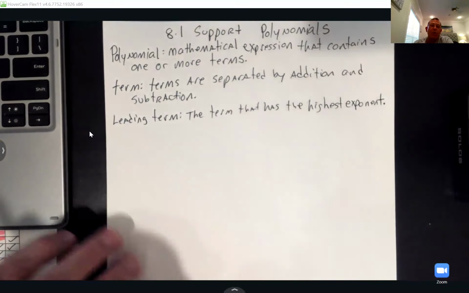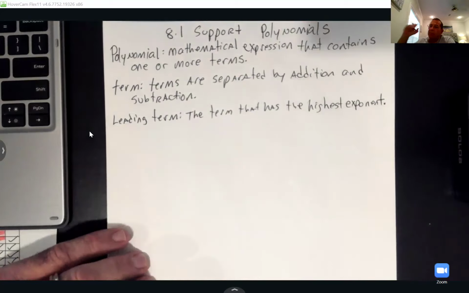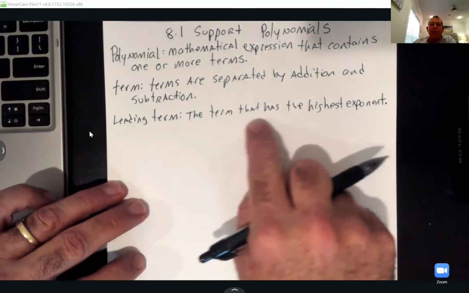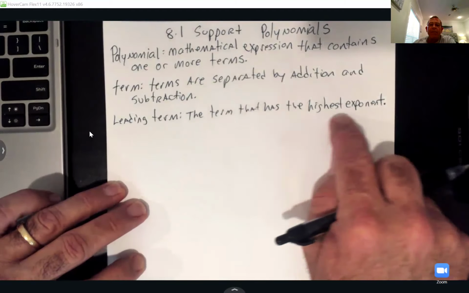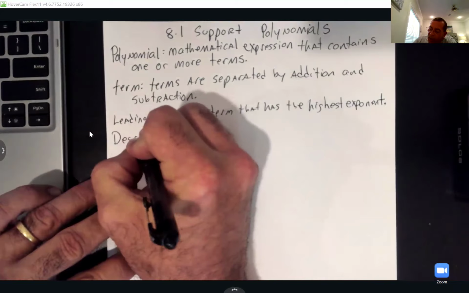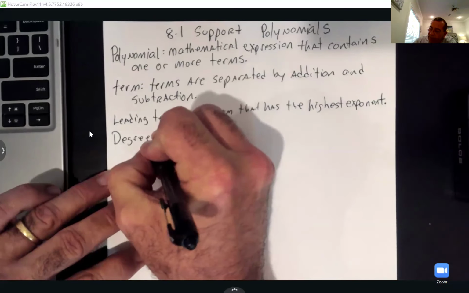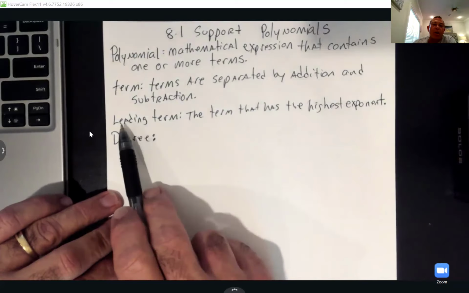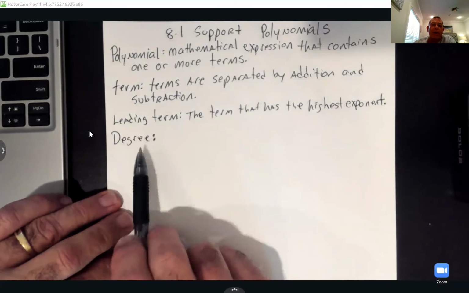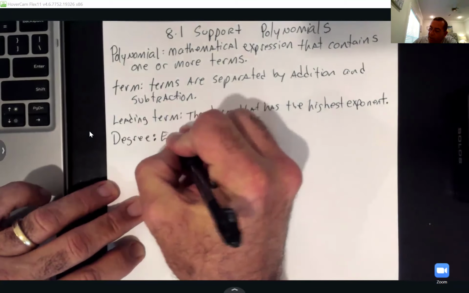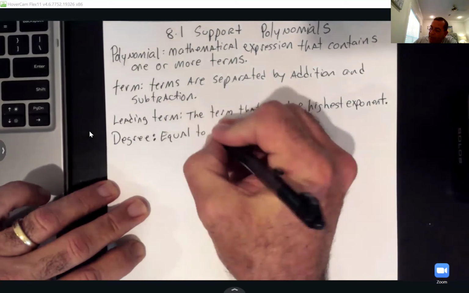So we're looking at exponents when we're looking at our leading term. What's the biggest exponent? Okay. Now another name for the highest exponent we call the degree, which means the degree will be determined by our leading term, because y'all, the degree is equal to the highest exponent.